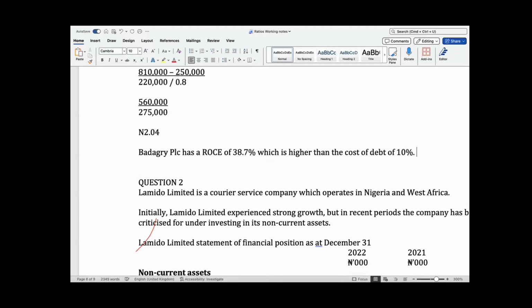The net assets per share is over 2 naira. And net assets are majorly funded by equity funds, not debt.